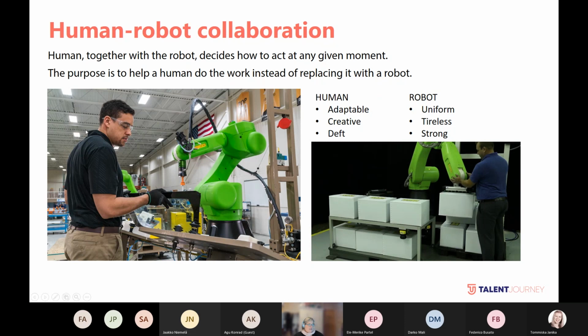As in this picture here, where this man is doing complex assembly steps and the robot is helping by bringing just the right parts at just the right time. Human is always quite adaptable, creative, deft, while robot is uniform, tireless, and strong. Thus, man and robot complement each other and thereby enable faster and more precise work.